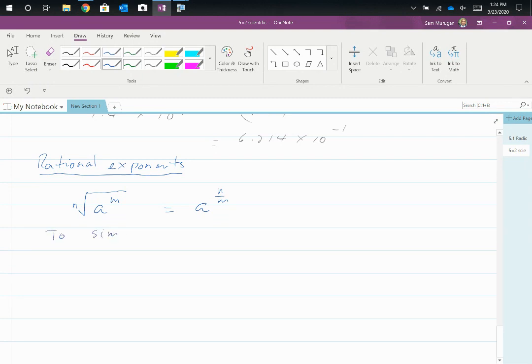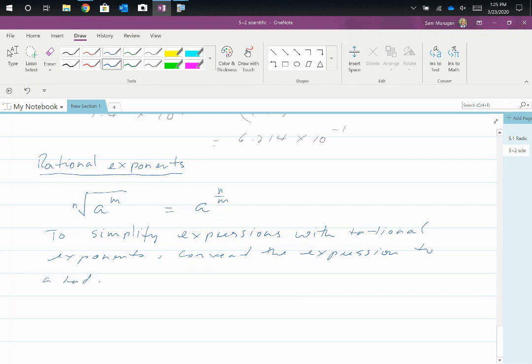To simplify expressions with rational exponents, convert the expression to a radical expression.